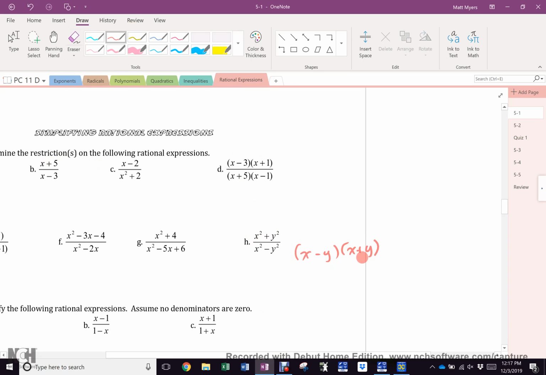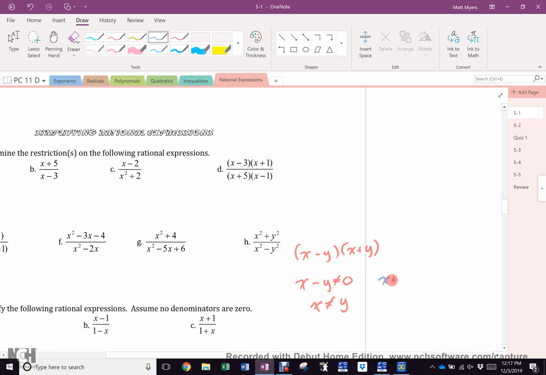This isn't allowed to be 0, is it? So x minus y cannot equal 0. So x cannot equal y. That makes sense, yeah? If I have x is 7 and y is 7, 7 minus 7 is 0. Easy peasy, yeah? So x can't equal y.